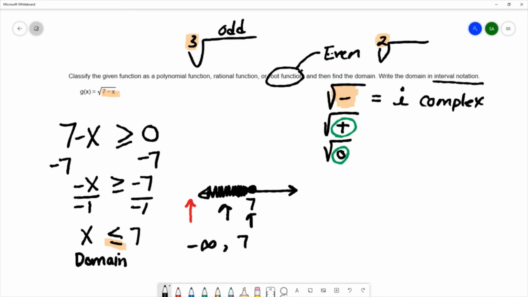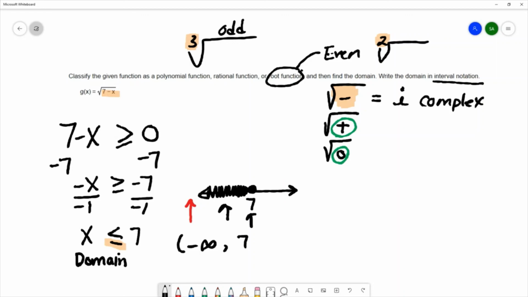We separate those values by commas, and we're either going to put a parenthesis or a bracket on these values. The parenthesis and the bracket are telling you whether that value is included or not included in the set. Infinity is not a number, so we'll never include it in the set. Infinity is the idea of it going on forever.